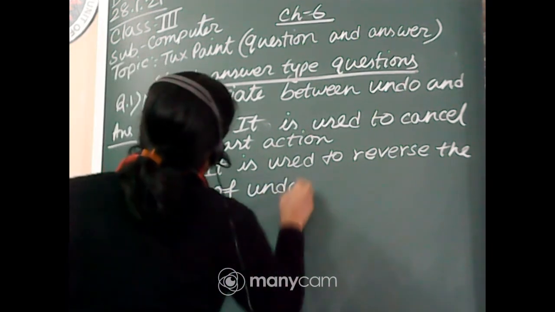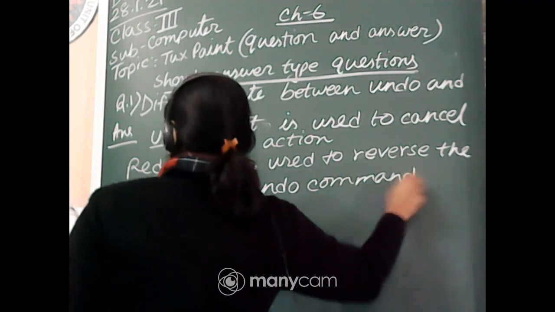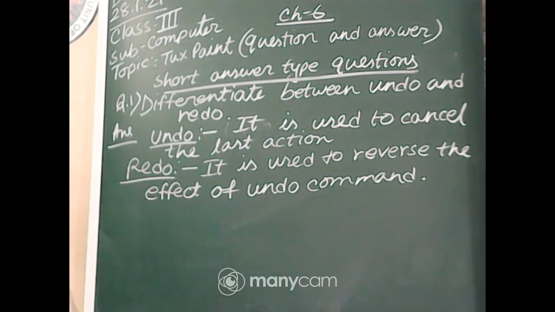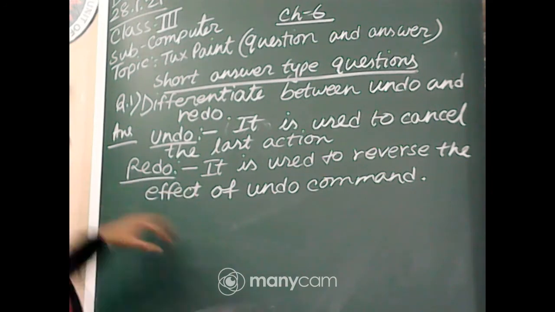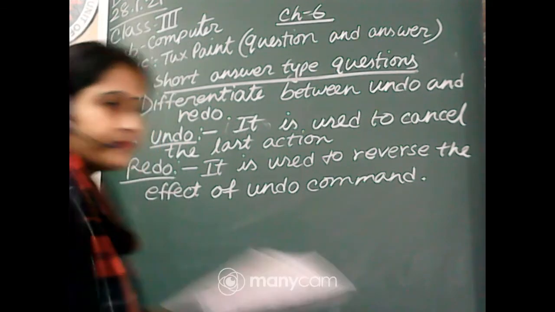Undo is used to cancel the last action, and redo is used to reverse the effect of the undo command. Okay, done everyone.